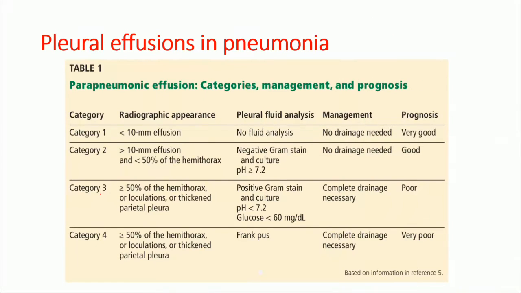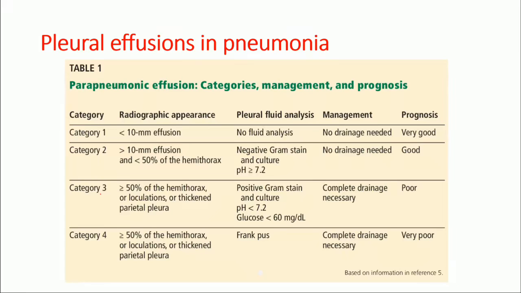Because in empyema, there is direct invasion of the pleural space by the bacteria. So from the lung, now the bacteria is entering the pleural space. So therefore, they will have pus in the pleural space, and also a positive gram stain and culture.